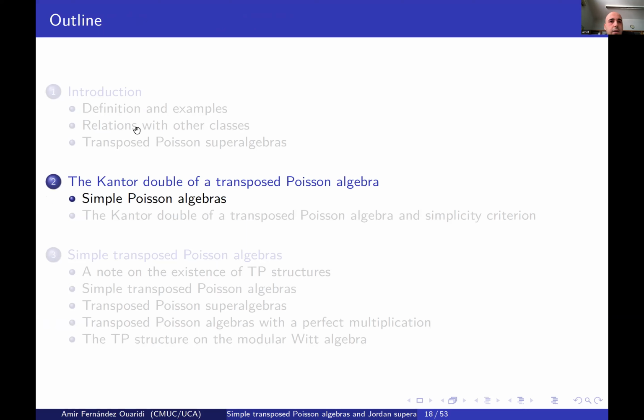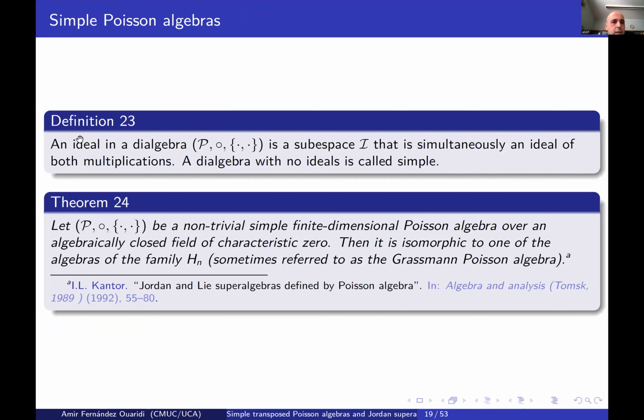Now I'm going to talk about the Kantor double of a transposed Poisson algebra. Okay, so first, an ideal of the algebra is a subspace I that is simultaneously an ideal in both multiplications. The algebra with no ideals is called simple.